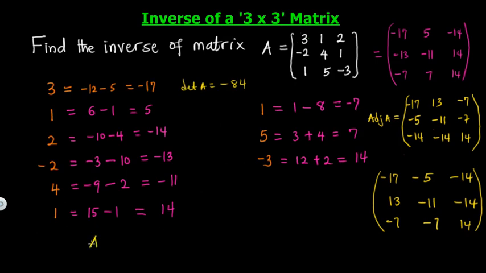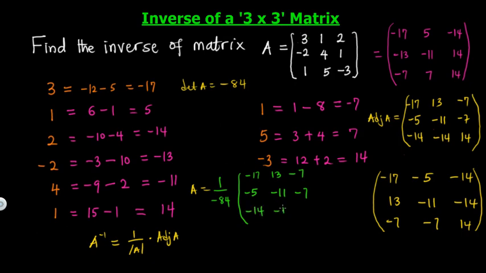So following the formula that says A inverse equals 1 divided by the determinant of A multiplied by the adjoint of A, the A inverse then becomes 1 divided by negative 84, then minus 17, 13, minus 7, minus 5, minus 11, minus 7, minus 14, minus 14, 14. So this is the inverse of this matrix.